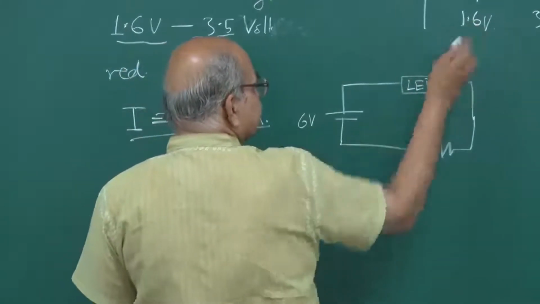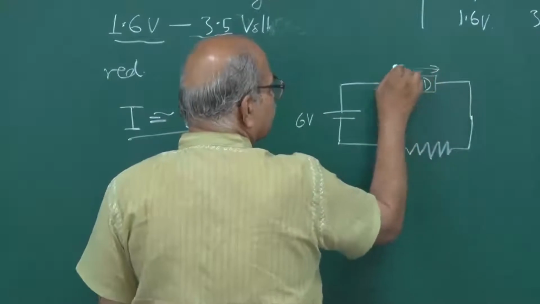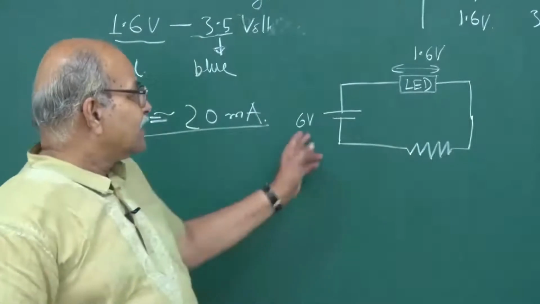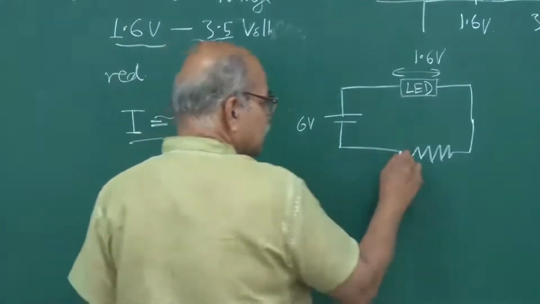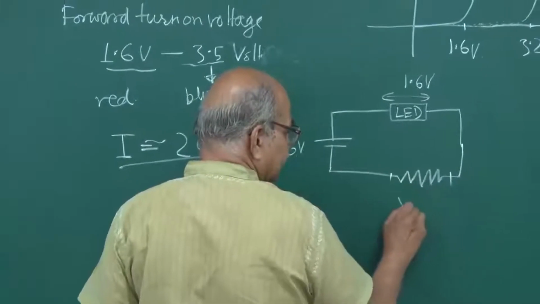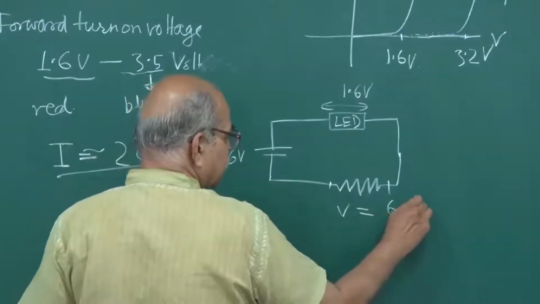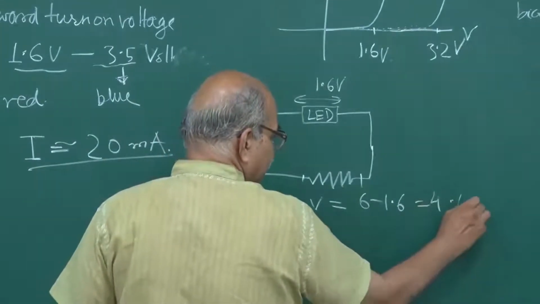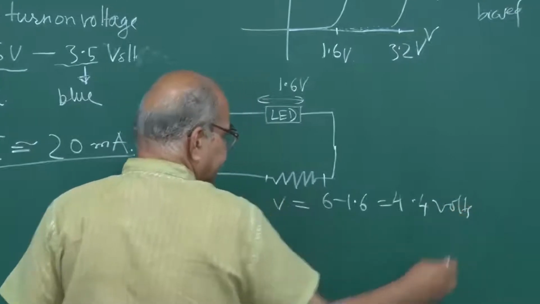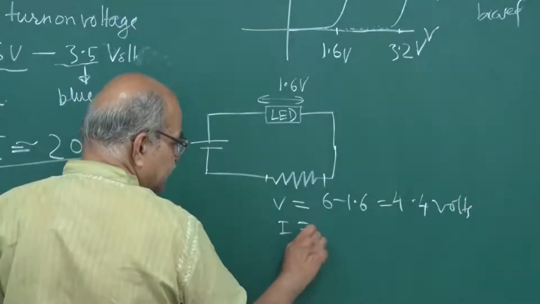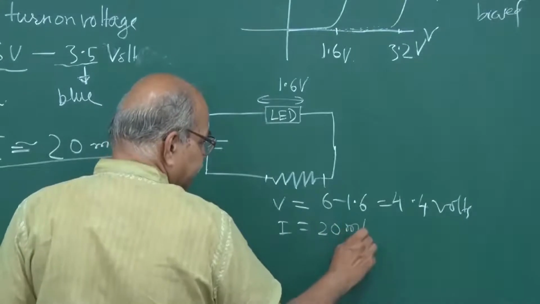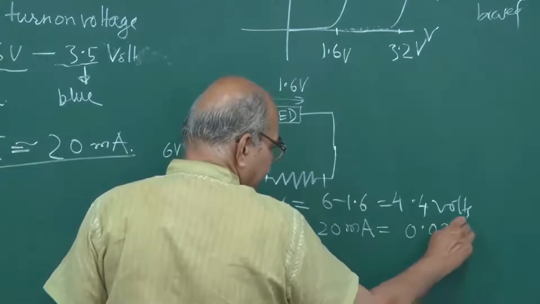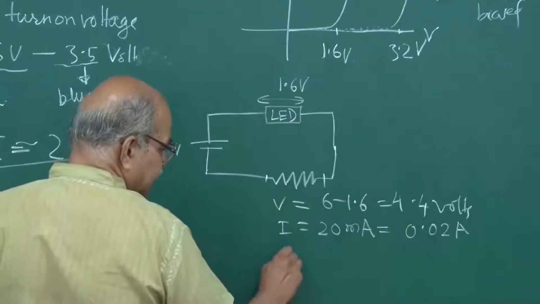Suppose this is a red LED, then the voltage drop here will be 1.6 volt or so. So the rest is coming across the resistance. How much is this potential difference? This potential difference is 6 minus 1.6, that is 4.4 volts. And if you want I to be 20 milliamperes, that is 0.02 amperes, then what should be the resistance?